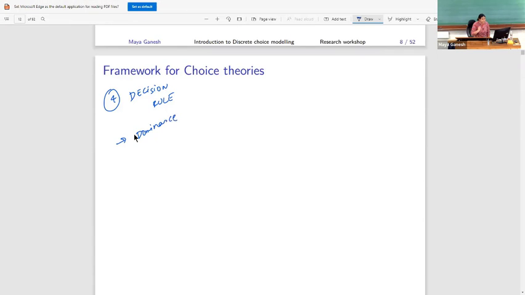So when I say dominance, all that I am saying is that, when compared to another choice, one choice is said to be dominant if it is better in at least one way and it is not worse in any way, right? For example, in the mode choice we said there are three choices: bus, car, and walking. Now think that there is another public transportation option available, let's say a metro.